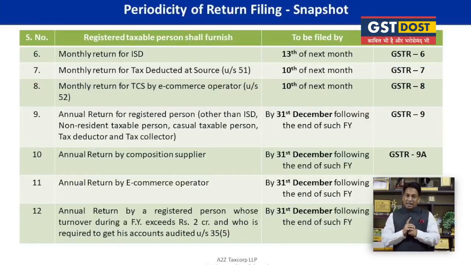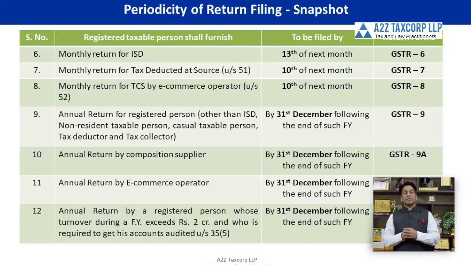This is annual return GSTR 9, to be filed by 31st December of the next financial year. Meaning thereby, if you are filing your annual return for financial year 2017-18, then the due date for filing annual return would be 31st December 2018.